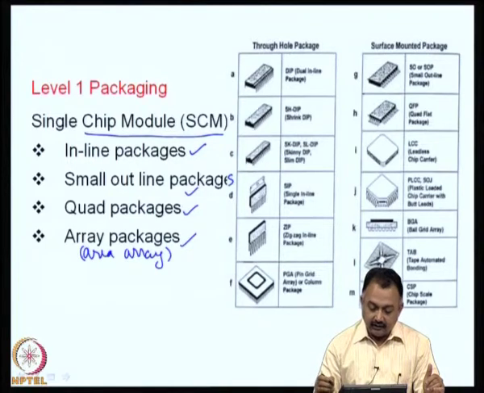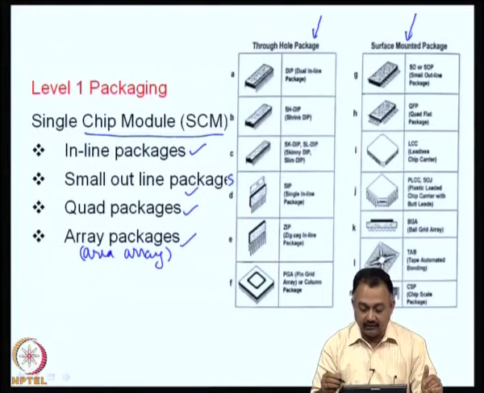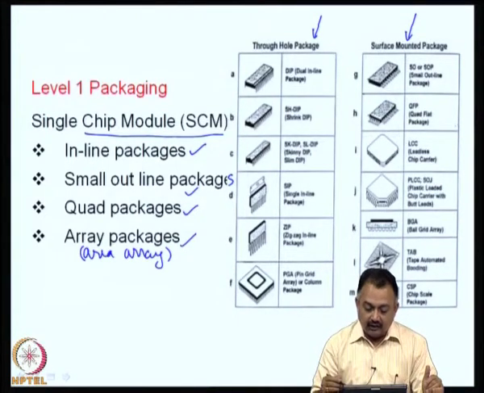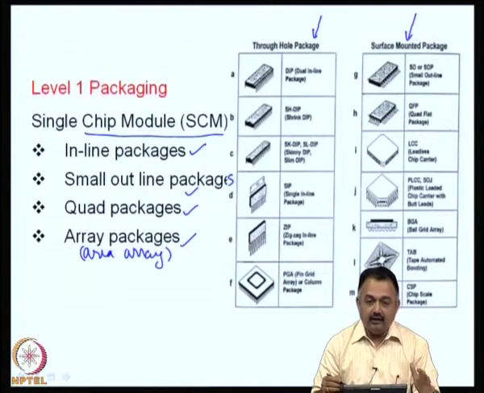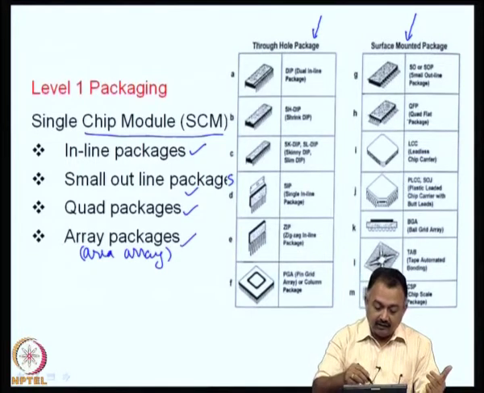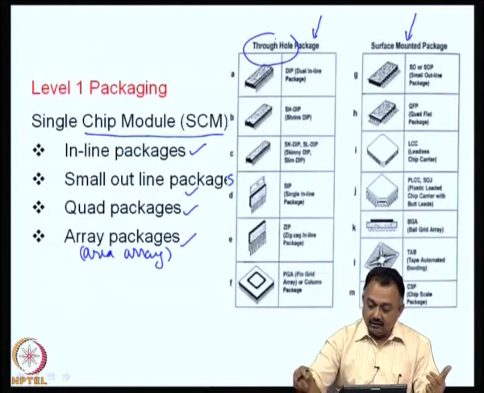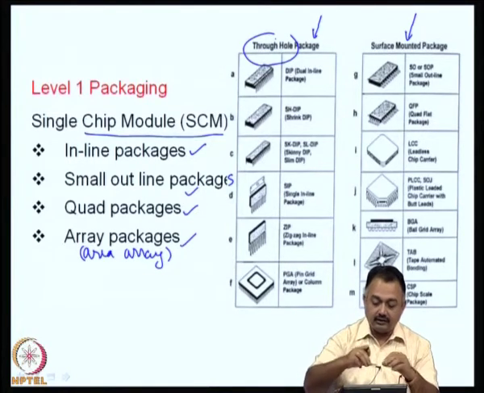If you look at this slide, there are two basic classifications. One is a through hole package, the other is a surface mount package. What exactly is meant by through hole package and surface mount package in detail we are going to study, but upfront, as the name indicates, through hole package means a device which consists of pins.